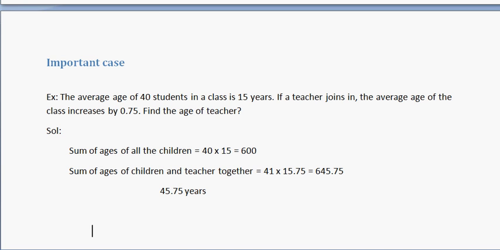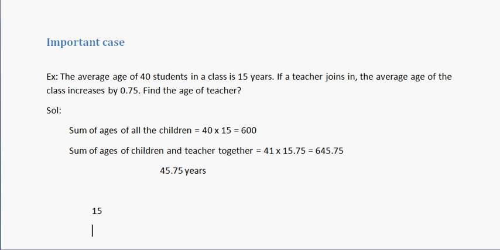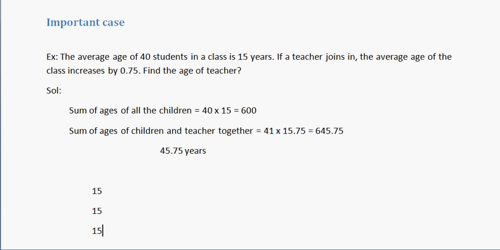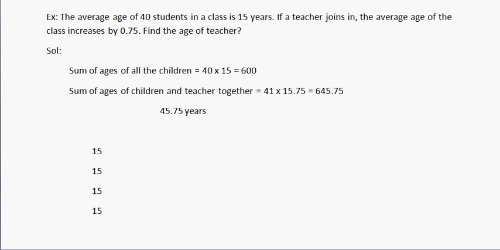So now he says that the average age of 40 students is 15. So we can assume that there are 40 students who are aged 15. So each one is 15, 15, 15 and so on, right? These are the ages of students. Now when the teacher is added, the new average becomes 15.75, right?